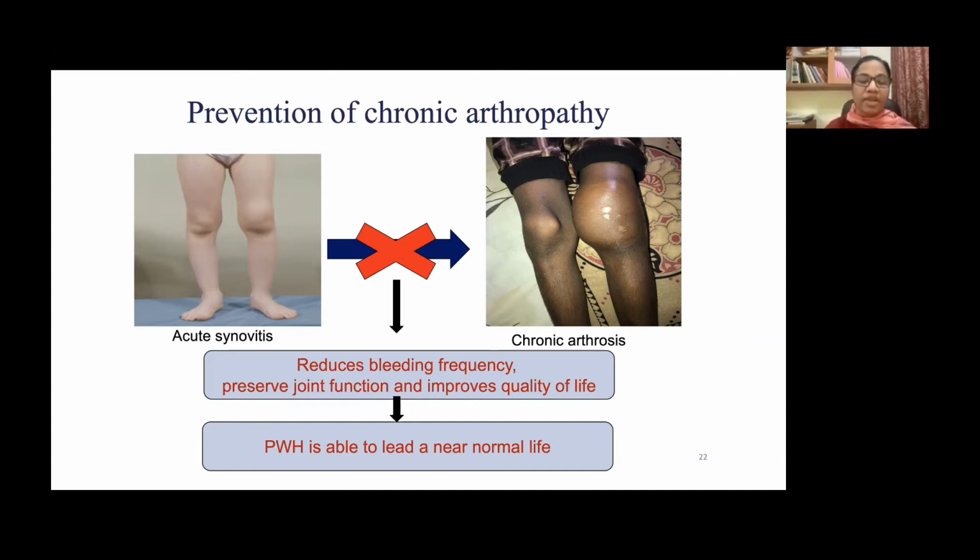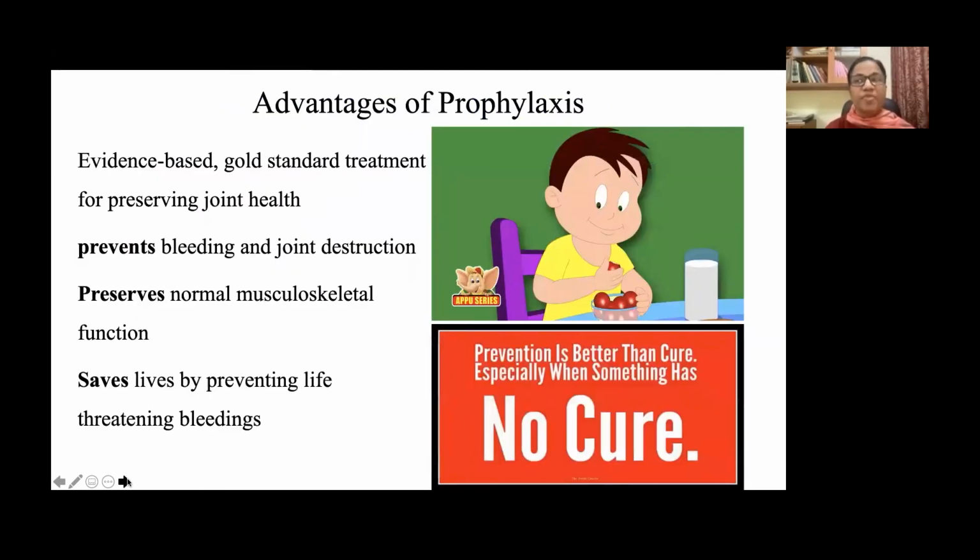So many treatment modalities are available, surgical management, but the most important is prevention. That is by giving prophylaxis. Prophylaxis is an evidence-based gold standard treatment for preserving joint health, and it prevents bleeding and joint destruction and preserves normal musculoskeletal function, and it saves lives by preventing life-threatening hemorrhages.